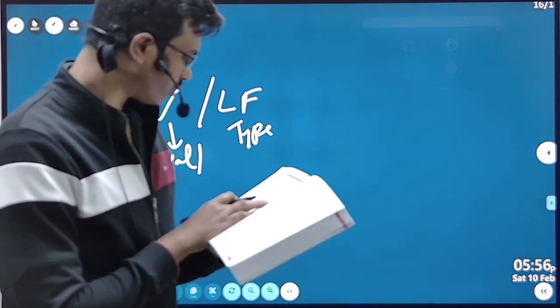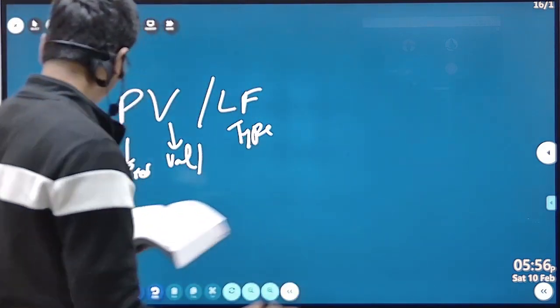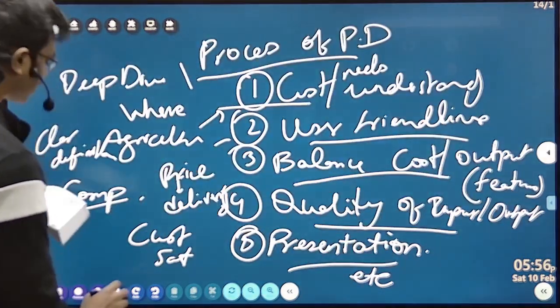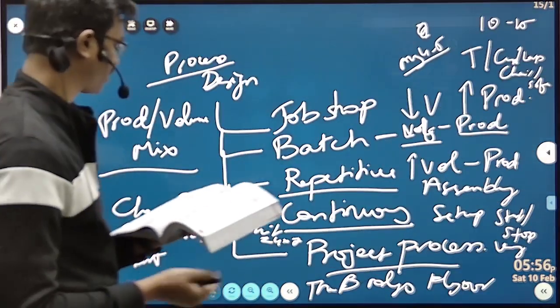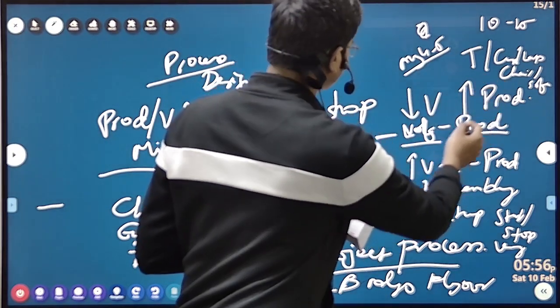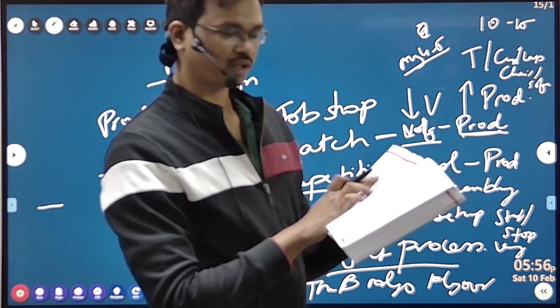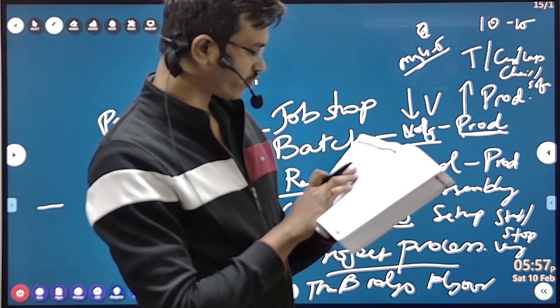So you can take a look. Here if you see products, many products, few each, it's a job shop. Functional layout, flow extremely varied.